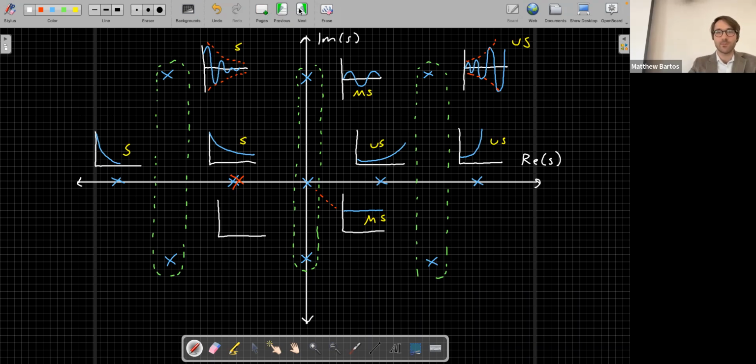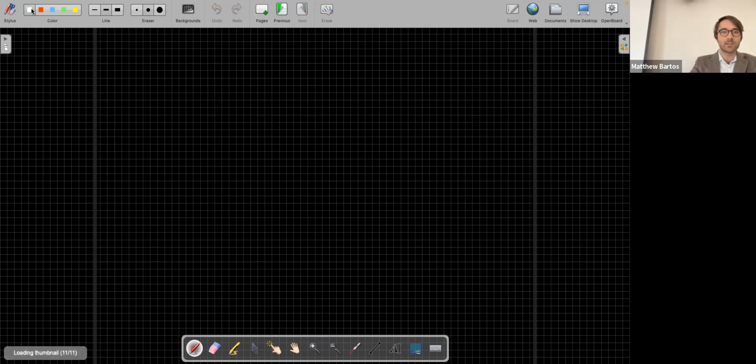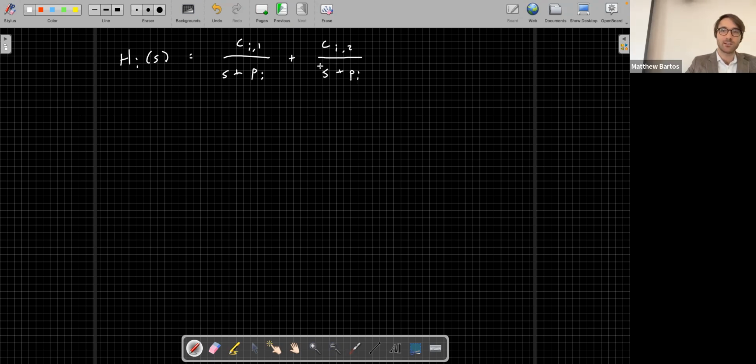Yeah, so if we have repeated roots, let's say that our H_i of s is something like Ci1 over s plus p_i plus Ci2 over s plus p_i squared.